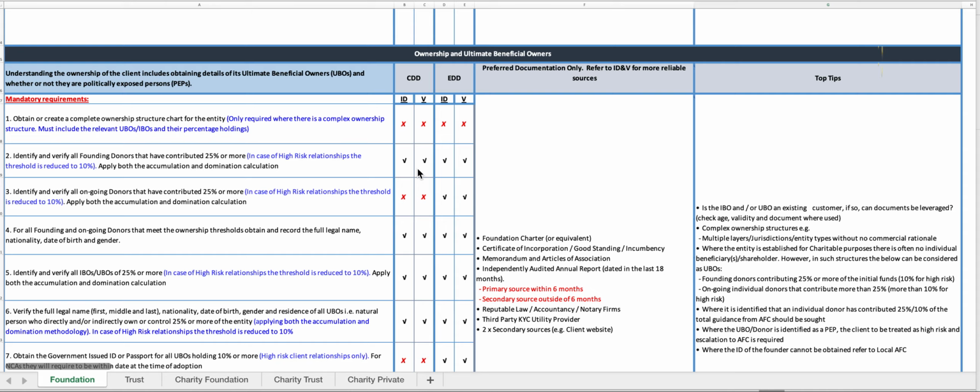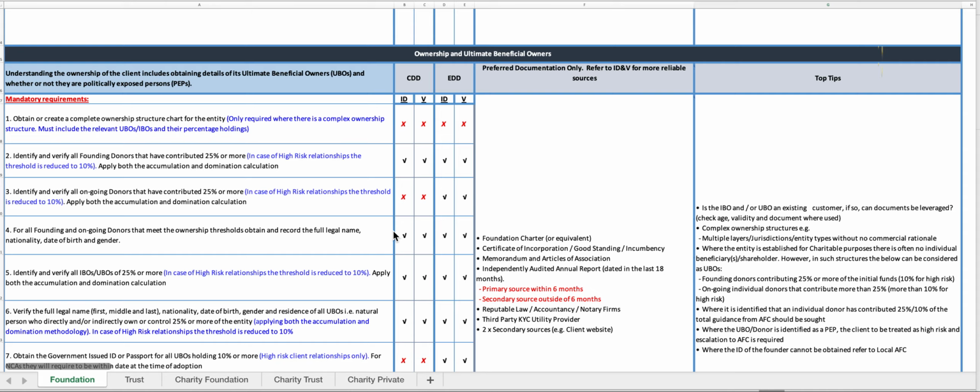Identify and verify all ongoing donors that have contributed 25% or more is an EDD requirement, a high risk requirement. For all founding and ongoing donors that meet the ownership threshold, obtain and record the legal names, nationality, dates of birth and genders. That is required for both medium and high risk.